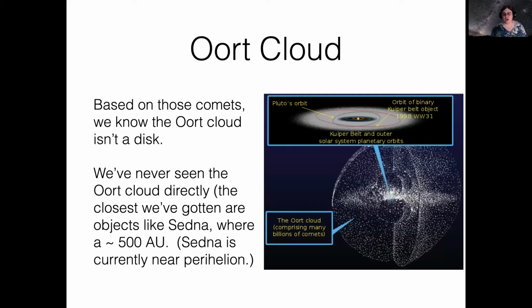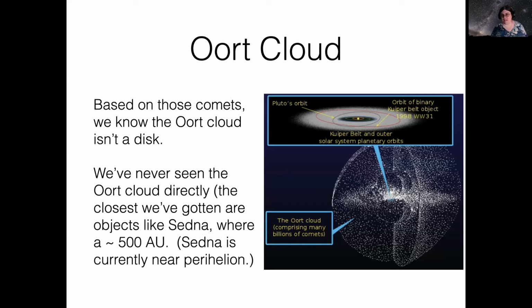Now, based on those comets, we know the Oort cloud is a cloud, not a disk. The long period comets we see come at us from all directions. Half of them orbit retrograde, half of them orbit backwards. And we have never seen the Oort cloud directly. We only know it's there because we keep getting these comets from it. Compare Sedna.